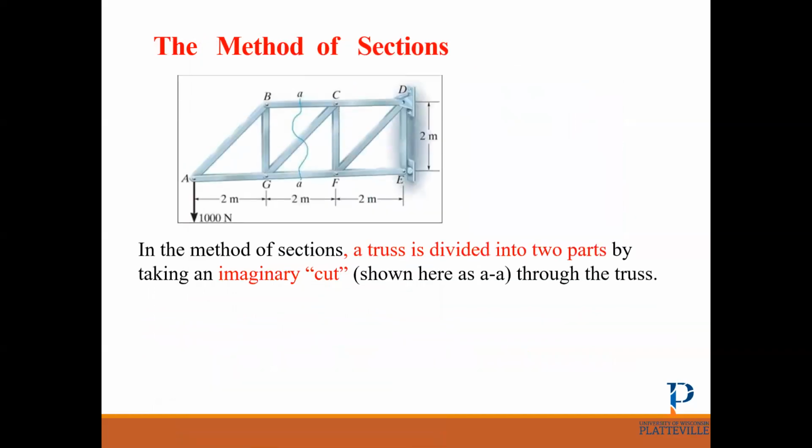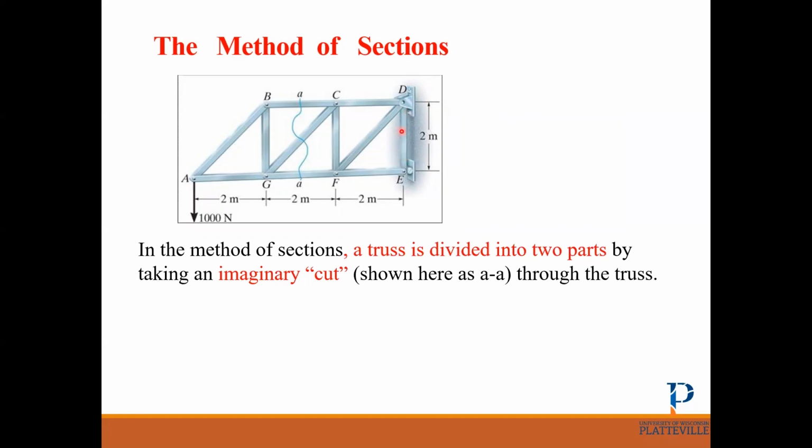Let's see how we can approach this analysis. First of all, here we have a truss. We have only 2 reactions in the hinge and 1 reaction in the roller. So the first step is always to analyze the reactions.